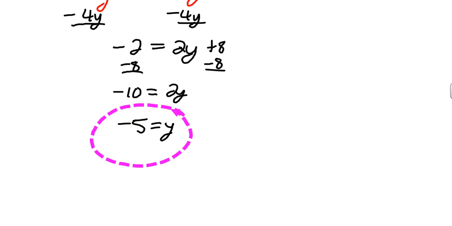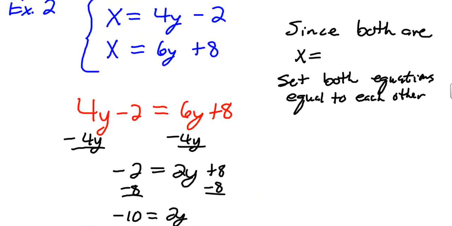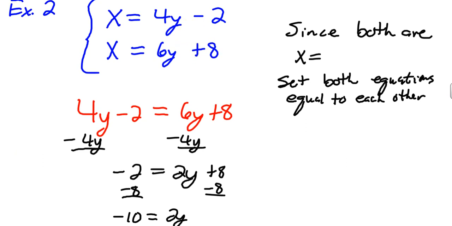Alright, again with that one, you're only halfway there. You've got to take this negative 5 and plug it in to find x. The good news is both of these already had x equals, so you could use either equation back up here. It doesn't matter, it's just whichever one looks best to you. We'll just go with the first one.